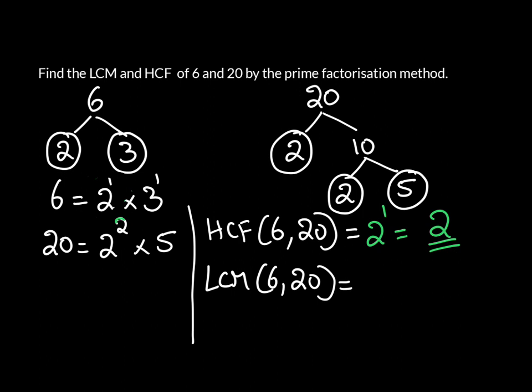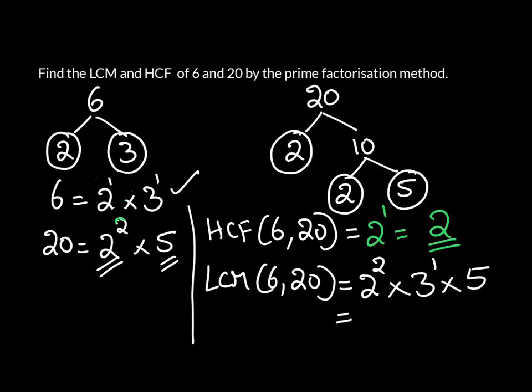In the 2's, the highest power of the prime factor is 2 to the power 2. So we write that once. And we have another prime factor, 3 to the power 1. So we write that once. And we have 5 as one of the prime factors.